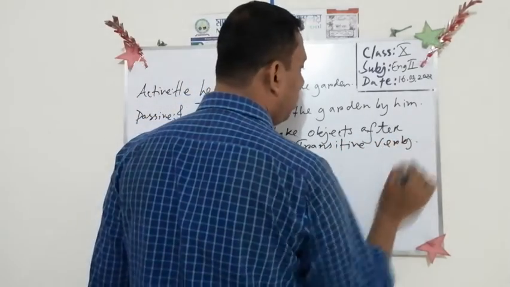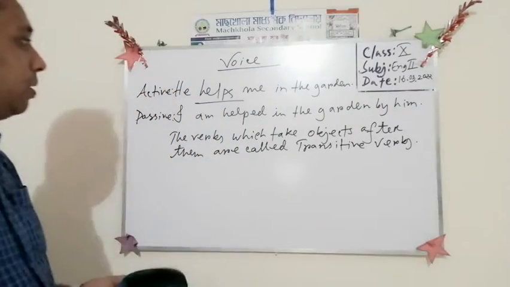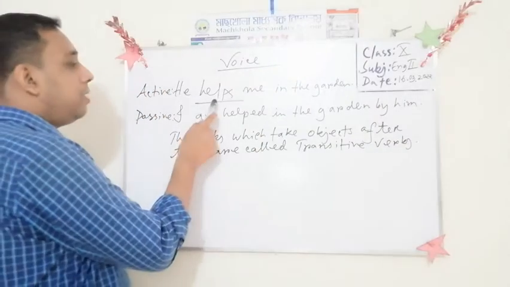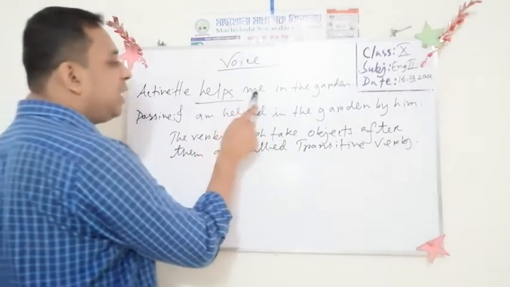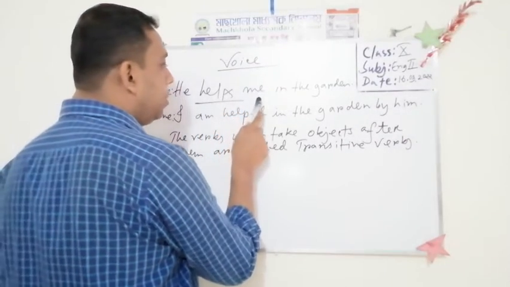Okay, so my dear students, this is a transitive verb because you see after this verb there is an object.